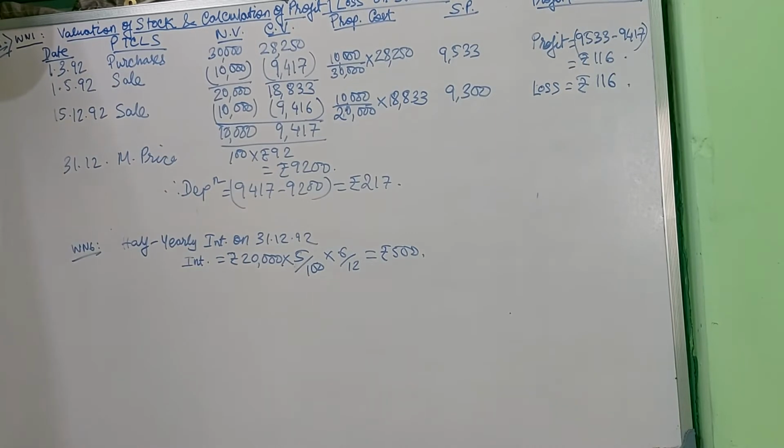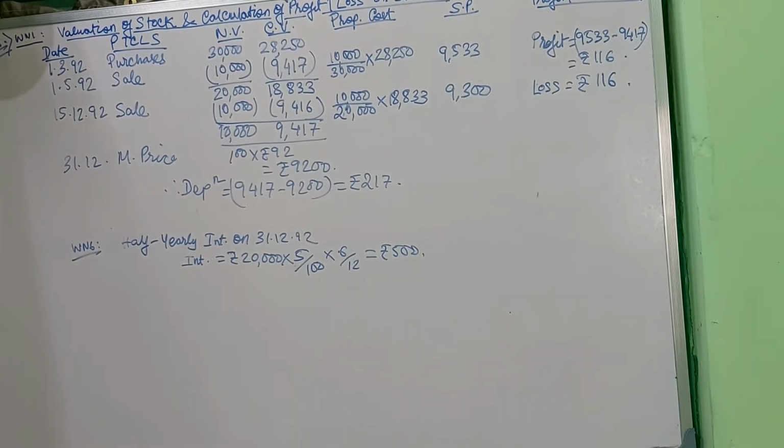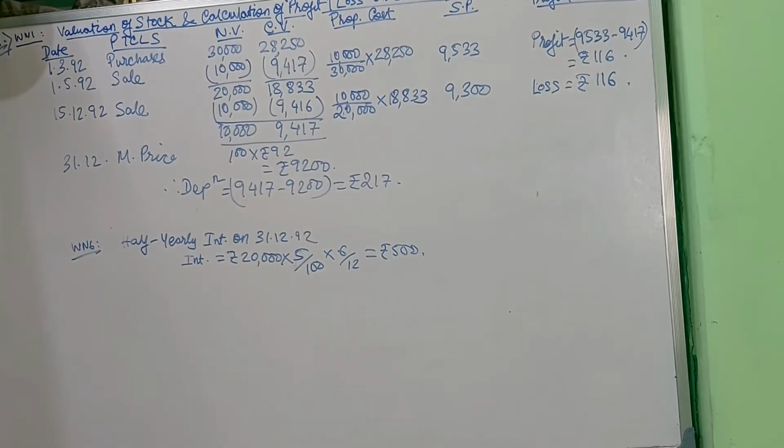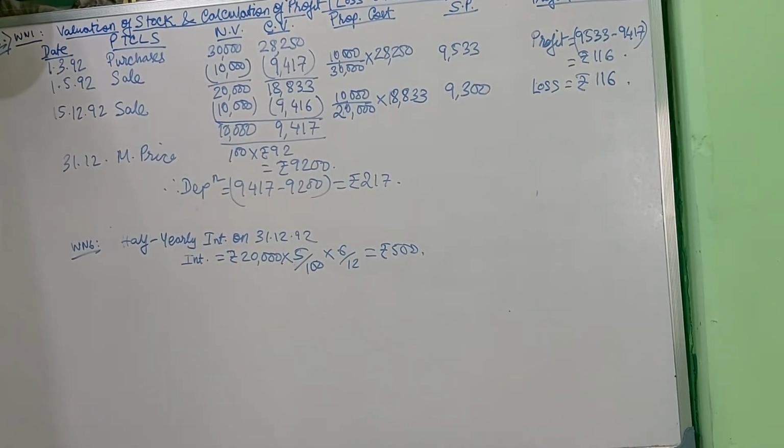You should keep in mind, 10,000 stock was sold on 15th December 92. The buyer's name could not be incorporated in the stock register. Why? Because the books had been closed 20 days earlier.